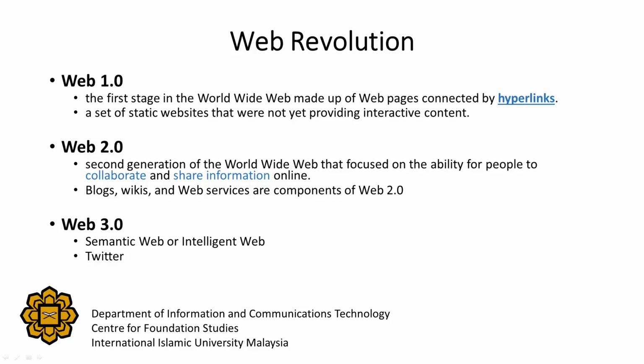Web 2.0 encourages participant collaboration and information sharing. Examples of Web 2.0 applications are YouTube, Wiki, Flickr, Facebook, and so on. I think Web 2.0 is much easier for you to understand.